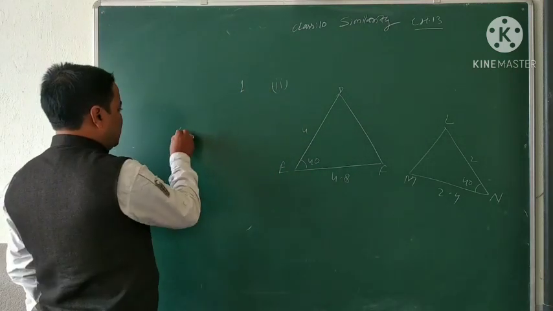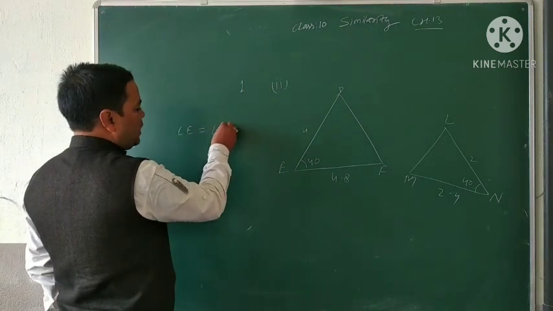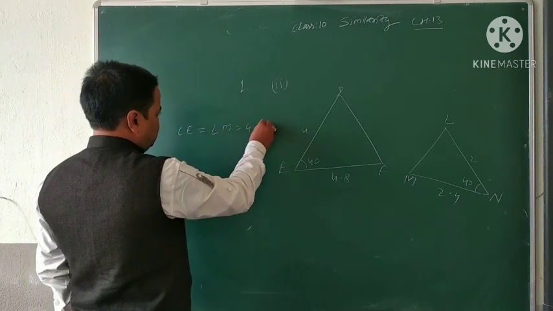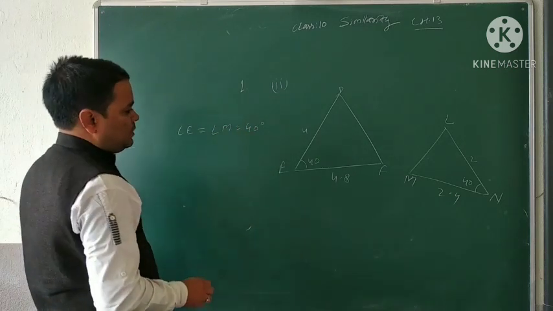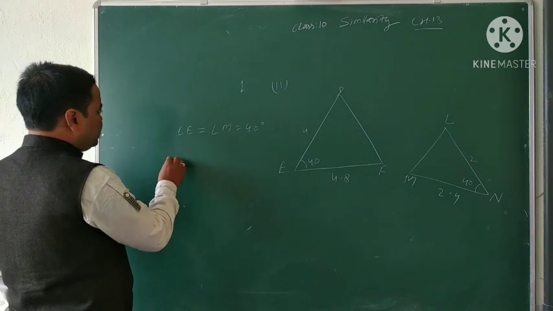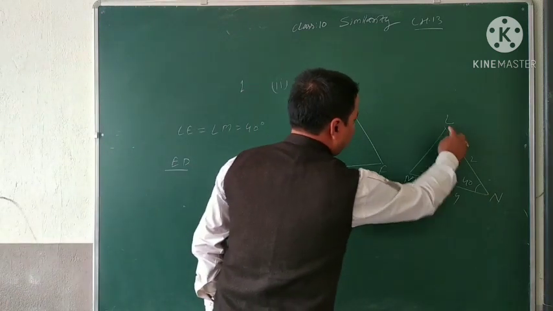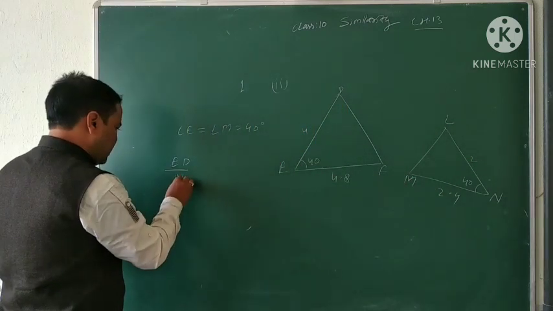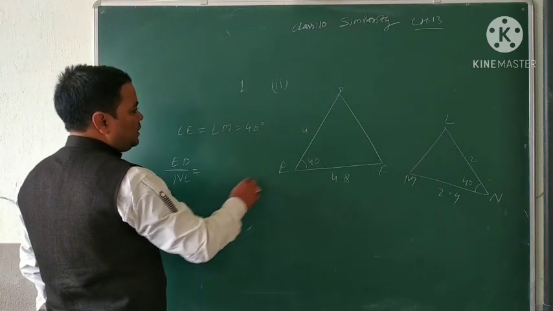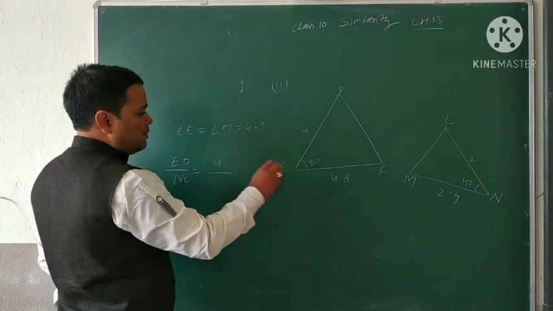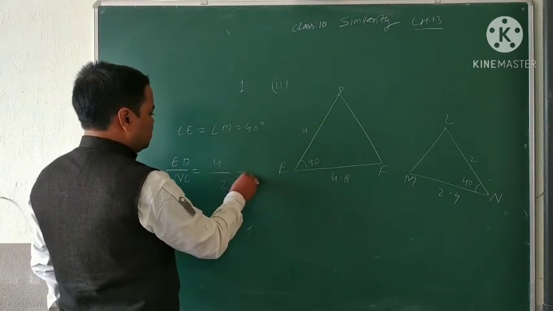Here we see that angle E is equal to angle N, equal to 40 degrees. Again, if you find ED upon NL, what is the value of this? ED, that is 4, upon NL, that is 2, the value will be 2.